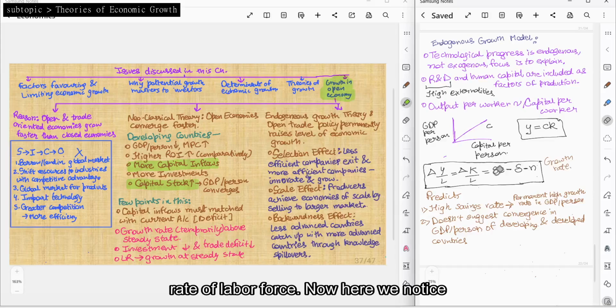So here we notice that GDP per person is positively correlated with savings rate and capital per person. So this model predicts that high saving rates lead to permanently high growth rate in GDP per person, and it does not suggest convergence in GDP per person of developing and developed countries.